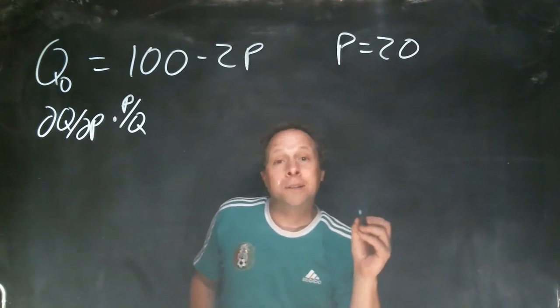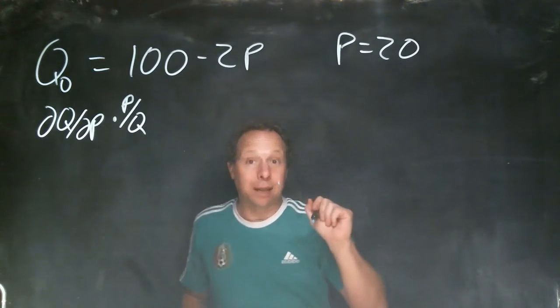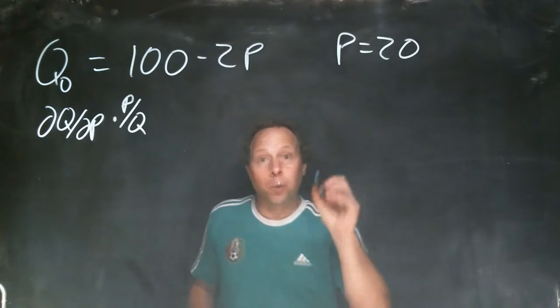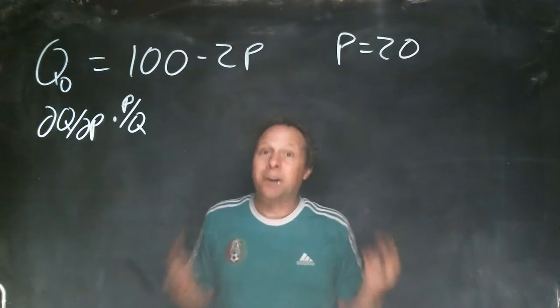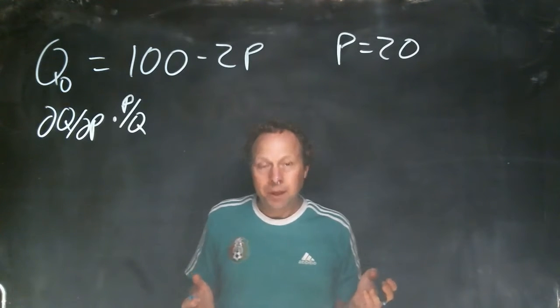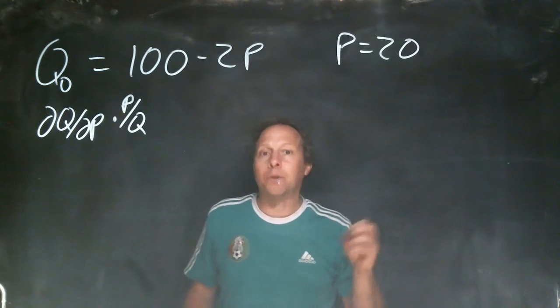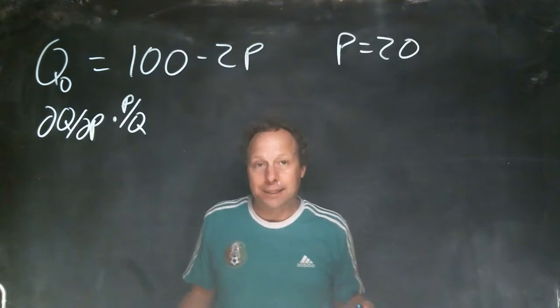So all you need to do to solve for elasticity is to figure out 2 prices that are around a price of 20 that are going to average to 20. We're going to solve for the quantities associated with those 2 prices, and then we're going to solve for the elasticity.